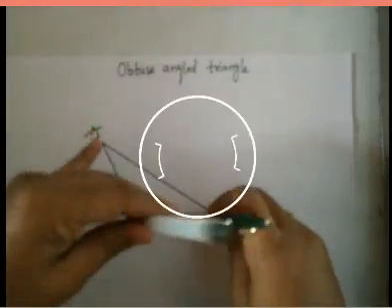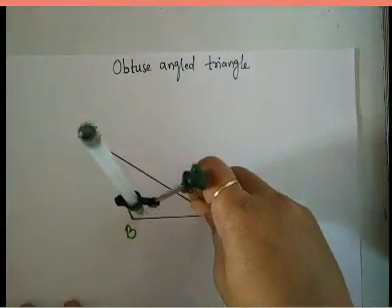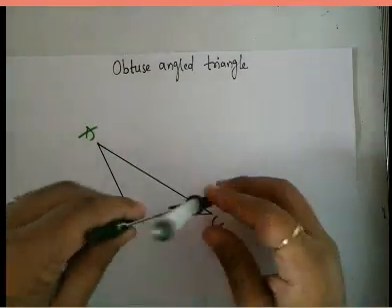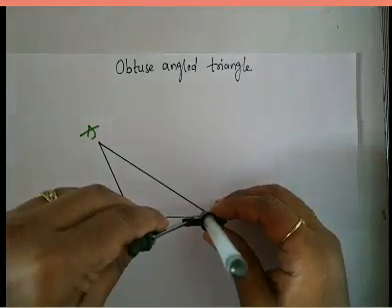So I'll keep the pointer on C, take more than half distance, and draw an arc. Without disturbing the distance, draw an arc on this side.